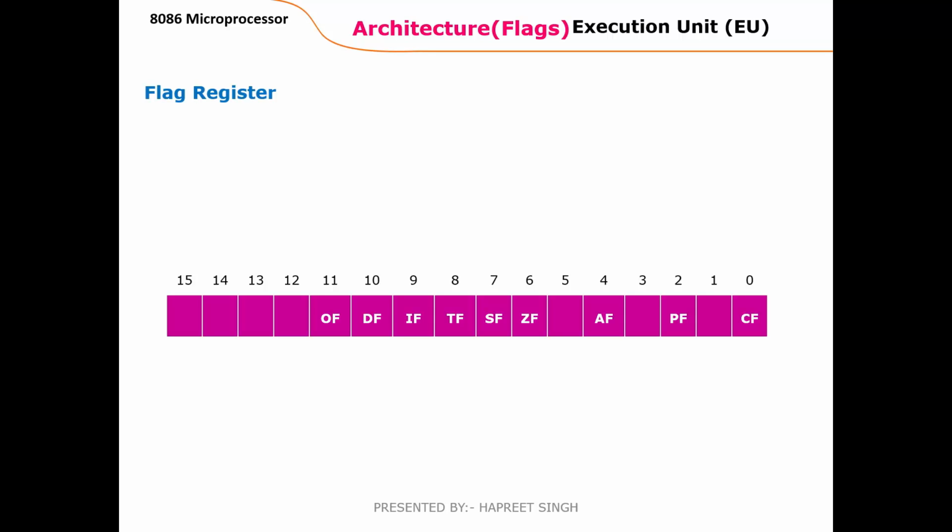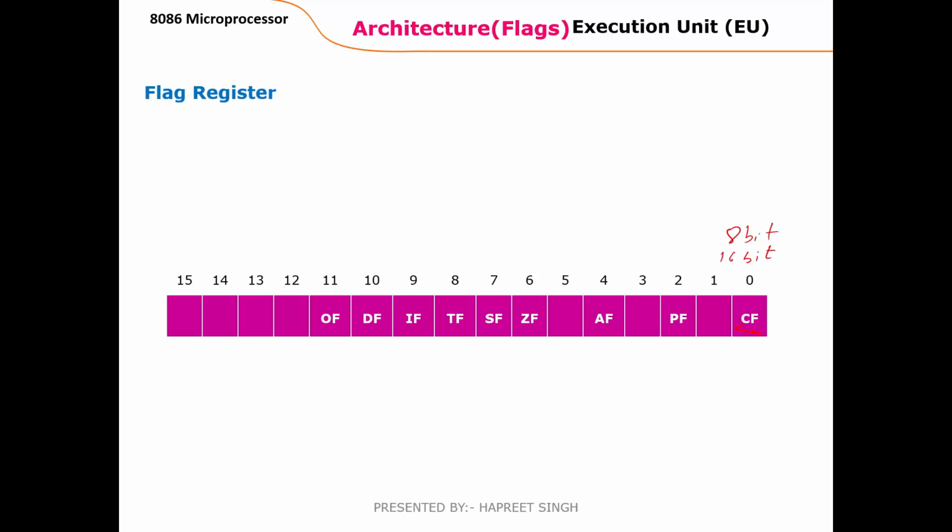First of all, let's discuss the carry flag. This carry flag is set whenever there is a carry or borrow out of the most significant bit of the result. Now there are two types of operation that can be performed in 8086. First one is 8-bit operation and second one is 16-bit operation.